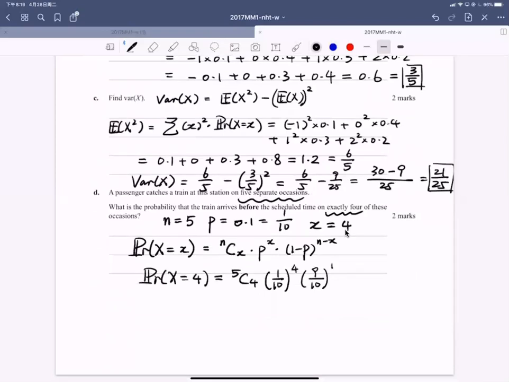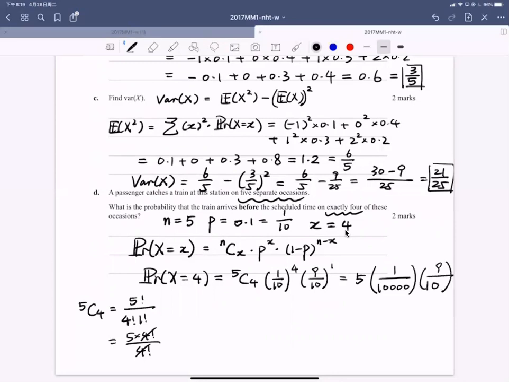And what's next? We know 5C4 is 5 factorial over 4 factorial 1 factorial, which means 5 times 4 factorial divided by 4 factorial. Okay, that's 5. Just 5. And the next term is 1 over, how many zeros? 4 zeros. I'm correct. 9 over 10.